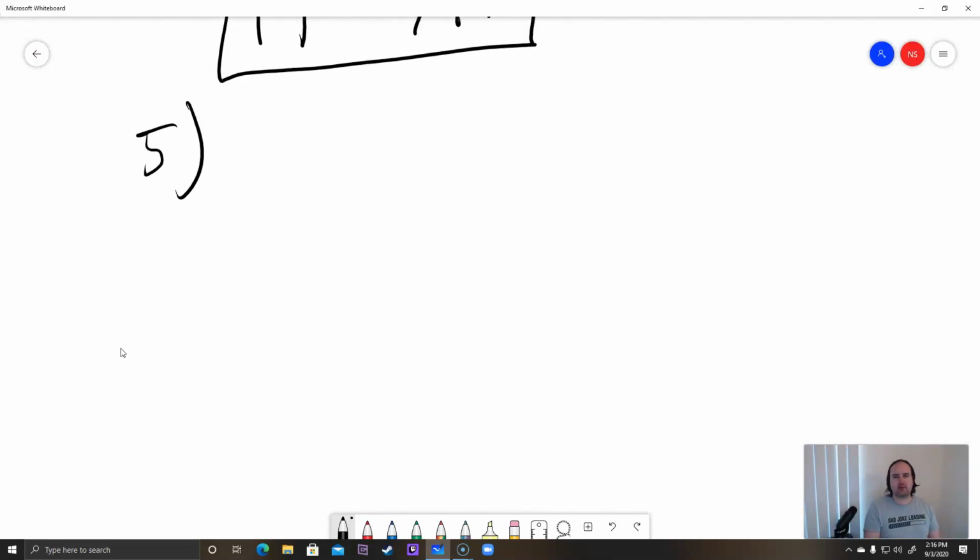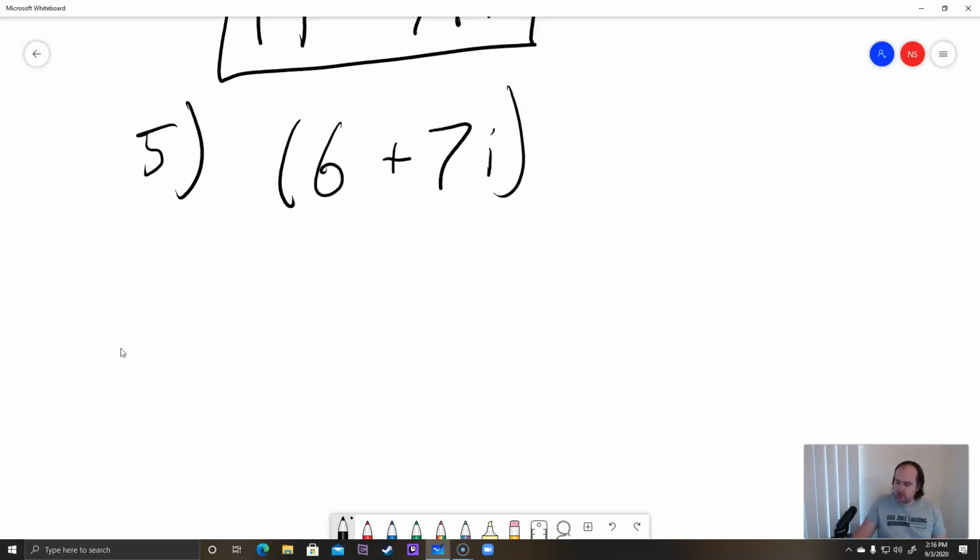So for example number 5, we're going to still be multiplying, but this time we actually have an exponent. So this one is the quantity 6 plus 7i, quantity squared.